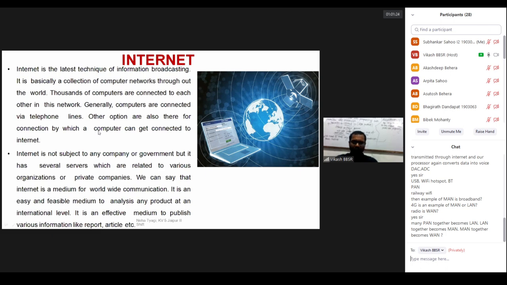So PAN is a totally different thing. It is very small, in a few meters of distance, so it is not considered. Only LAN, MAN and WAN we can consider. PAN is for personal use. When you ask someone, please give your hotspot, that comes under PAN generally. PAN you can also share through Bluetooth, for those who require the network.